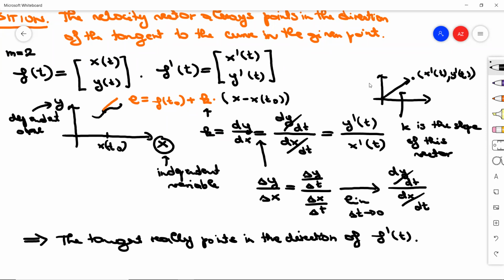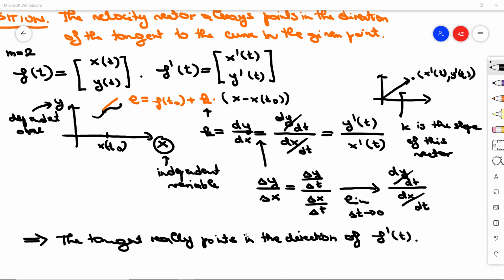So if the tangent is vertical, then there still wouldn't be a problem, because what would hold for f prime of t? x prime of t would be 0, and y prime of t would be something. So the derivative of f could be 0, 1, or 0, 2, or something. So a vector of the form 0, something.